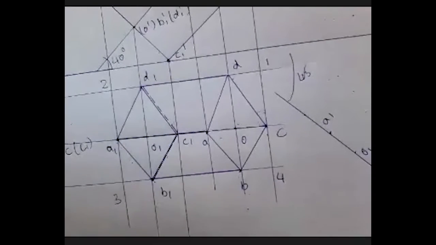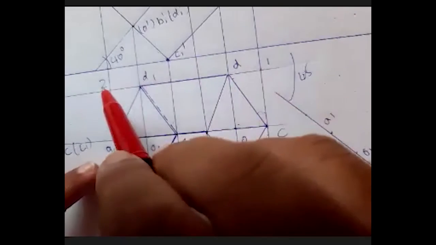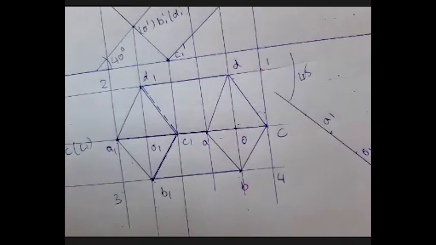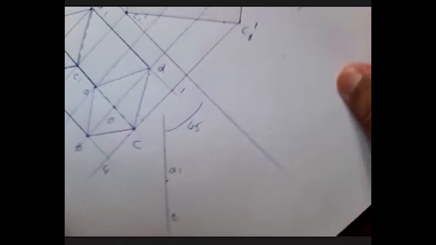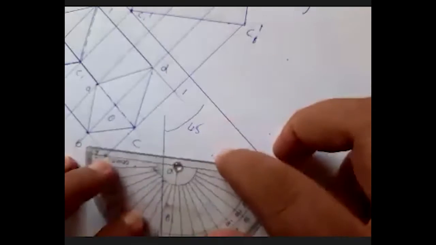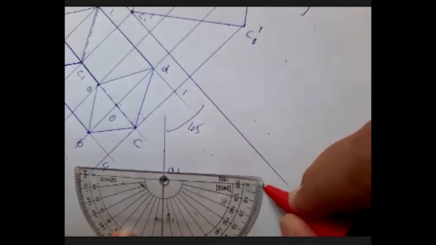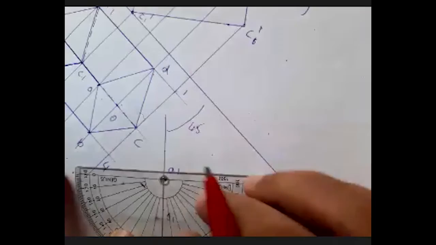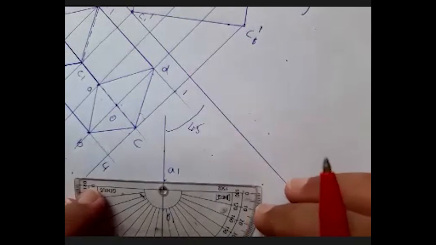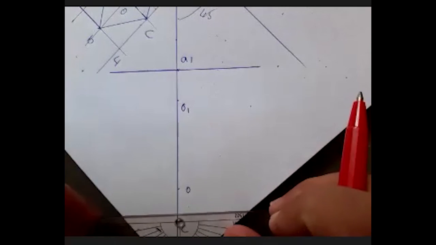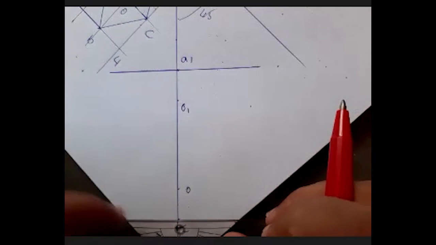So now I'm going to place this rectangle, 1 to 2, 2 to 3, 3 to 4, in this line. From A1 I draw a 90-degree line, and I'm drawing a 90-degree line from A1 as well as from O1.